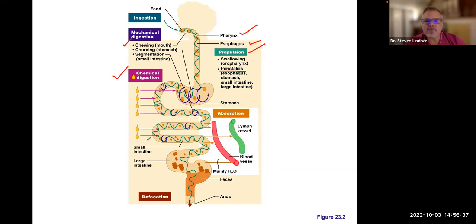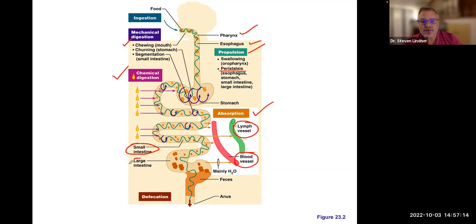Then we move into the small intestine, which is where the majority of your absorption of nutrients take place. Your water-soluble vitamins and water-soluble foods going into blood vessels, and your fat-soluble enters the lymph through the lacteals, the lymphatic vessels. Okay, that's for fats. And then what's left after the body absorbs everything, now there's going to be some waste to eliminate.